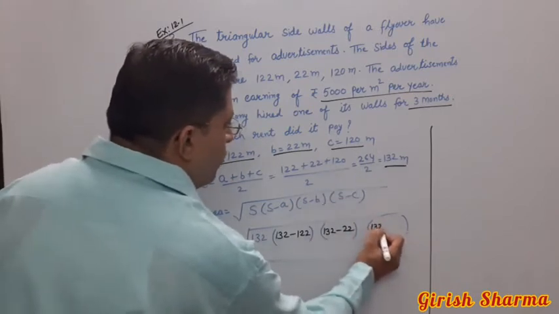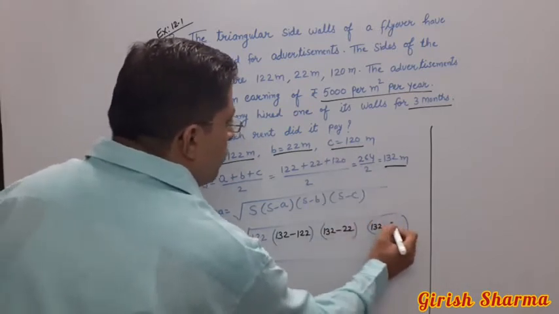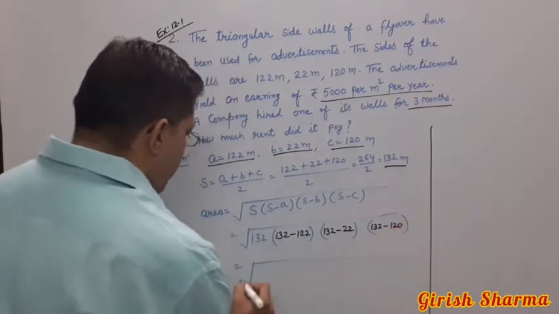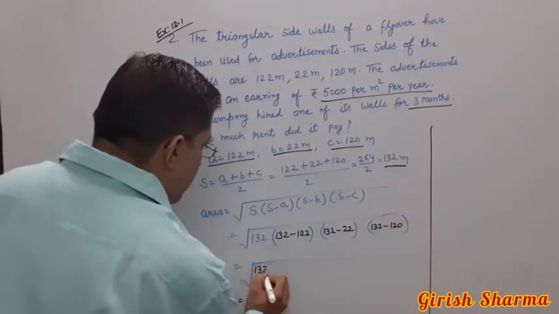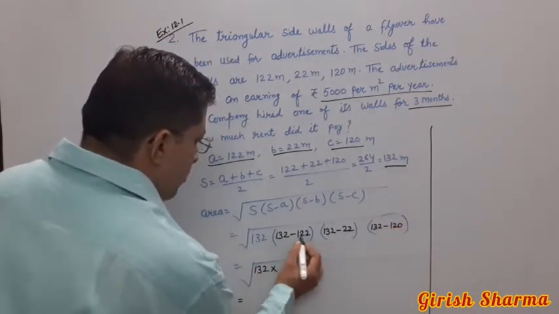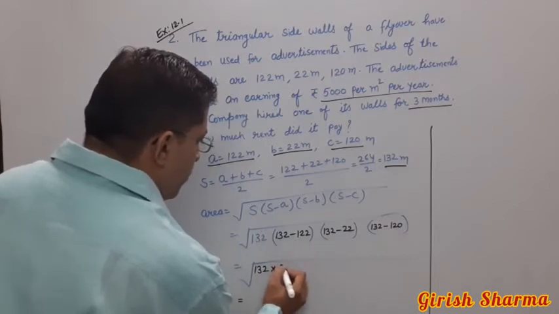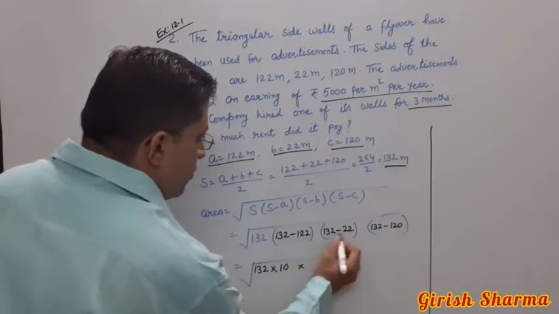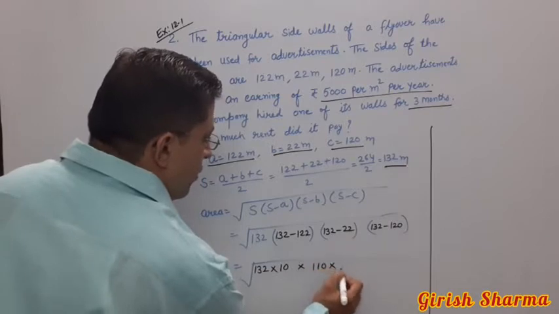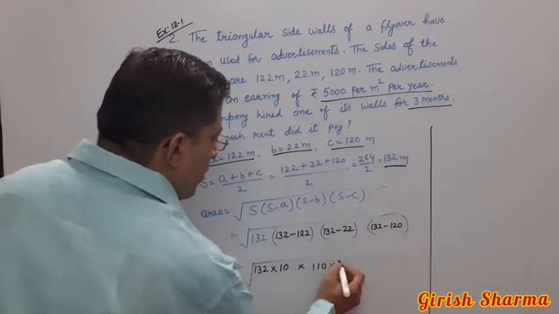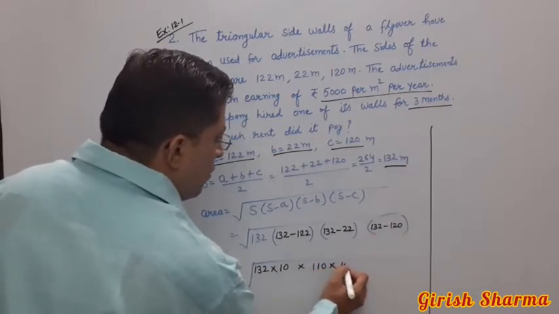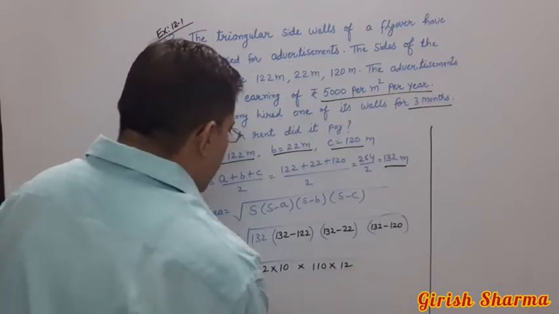And 132 minus C, C is 120. Then what will be 132 into, this is 10 only. This is 110 and this is 12.